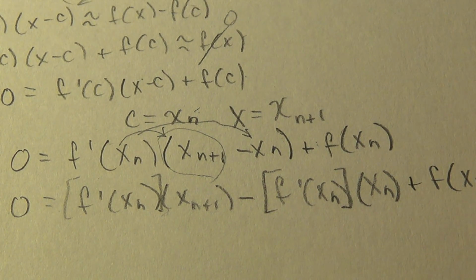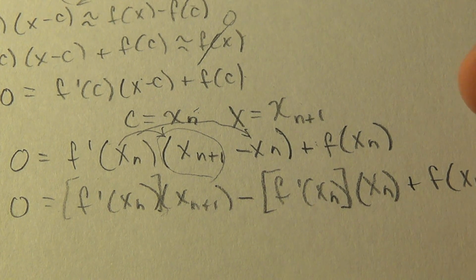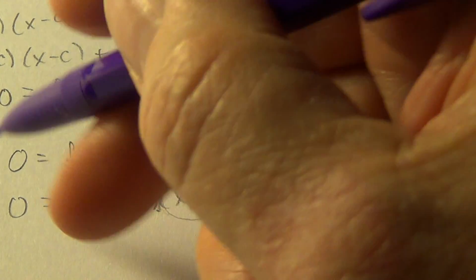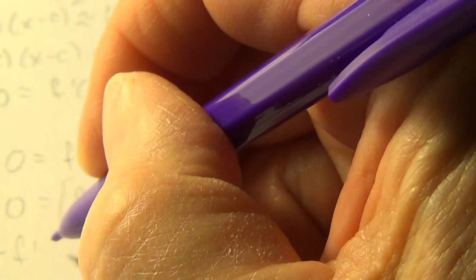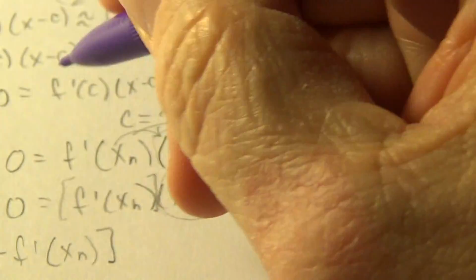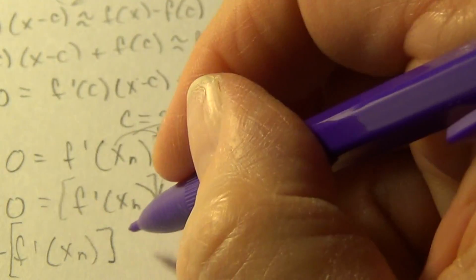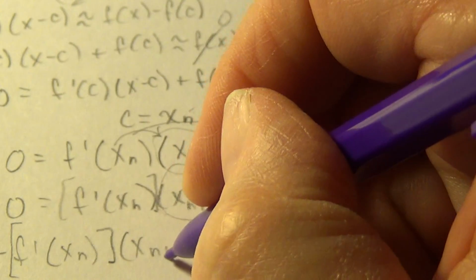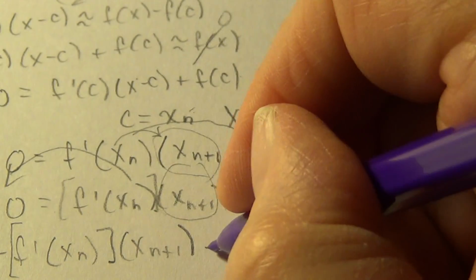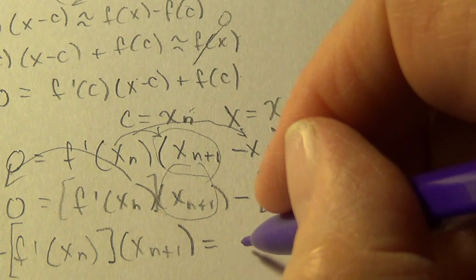All right. Since I'm solving for this, let's pull it to the other side. So I'm going to get negative f prime of x sub n times x sub n plus 1. Just moving this over, leaving this over here.